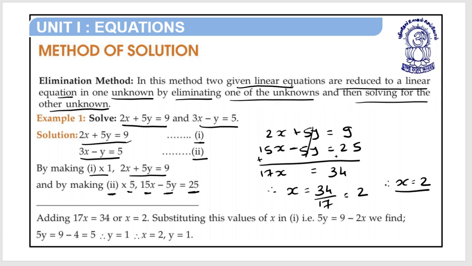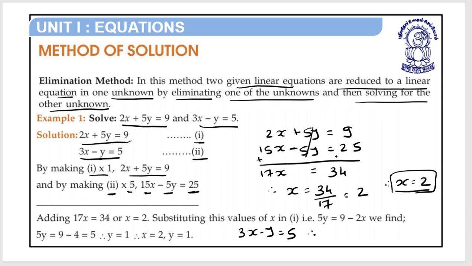Put the value of x into either equation number 1 or equation number 2, and you can easily solve and get the value of y. So put this value into 3x minus y is equal to 5.